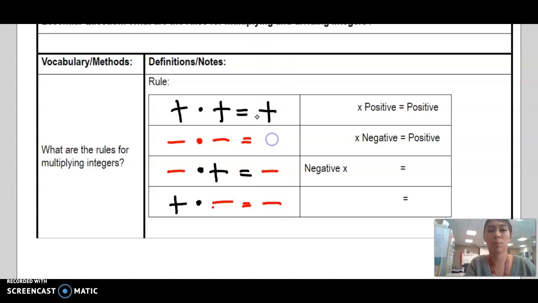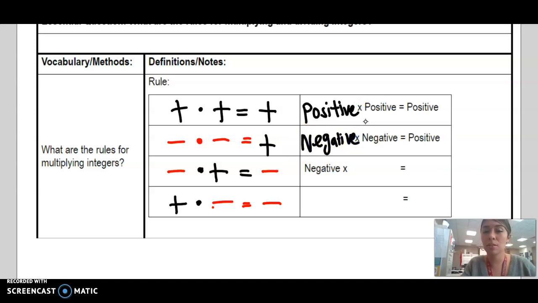I'm going to change this to black. So, when we multiply a positive with a positive and a negative with a negative, the answer should be positive. And if we ever multiply a positive with a negative, the answer is going to be negative. So I'm going to quickly write that over here. So positive multiplied to a positive should be positive. If you multiply a negative with a negative, that should be positive also.